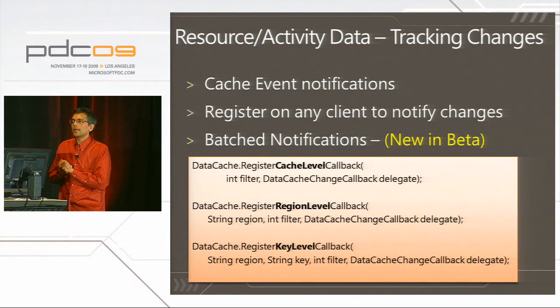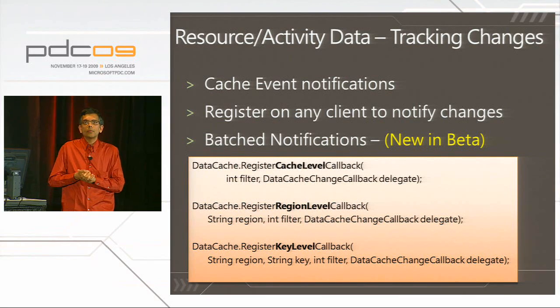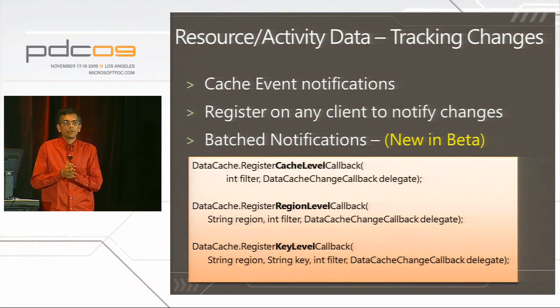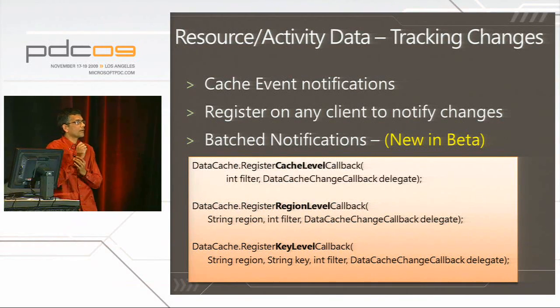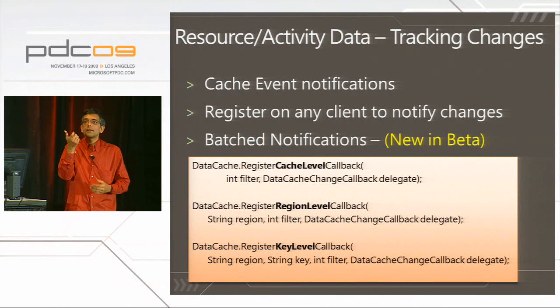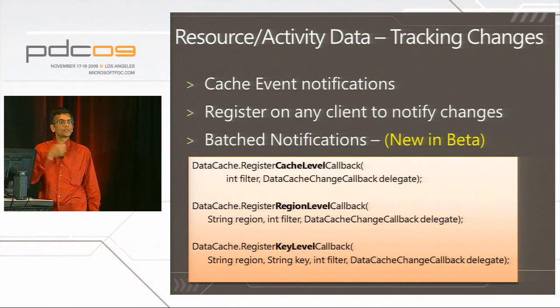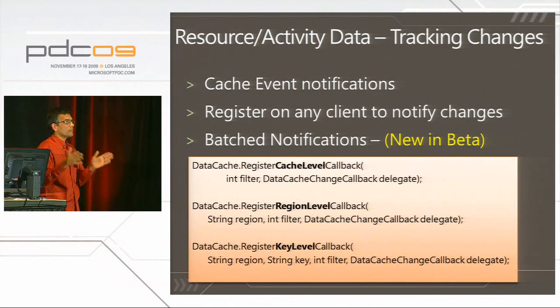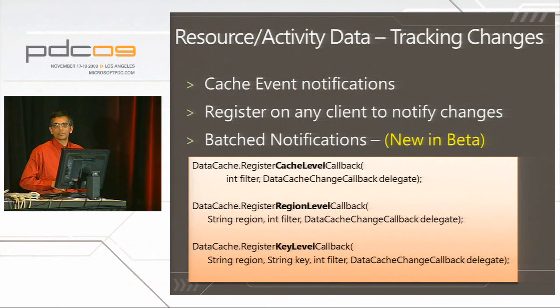This was primarily added because Xbox Live was trying to use the system, and they needed something like 1.5 million notifications per second, because they were trying to track every single login, log out, and all that. The batch notifications helped a lot because their notifications were like 30 bytes, so every network call we were doing individually wasn't helping. By batching them, it was pretty efficient. That was the main reason we added the bulk notification.